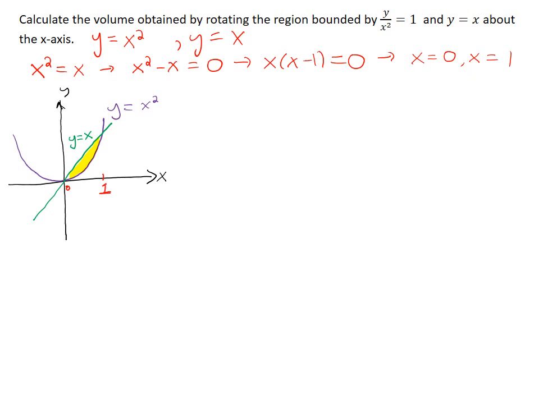Okay, and then we're rotating this about the x-axis. Well, the x-axis, the line y is equal to 0. Another way of saying that. Let's see what that looks like in 3D. We'll do that in steps. So there's our line. It's going to be mirrored about the axis like so. And then we draw the purple curve. Also mirrored about the axis.